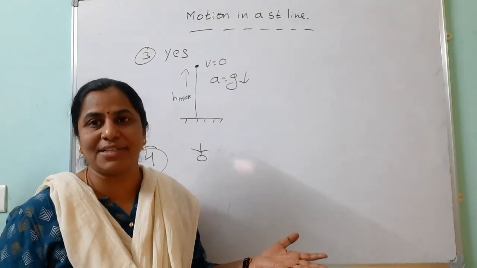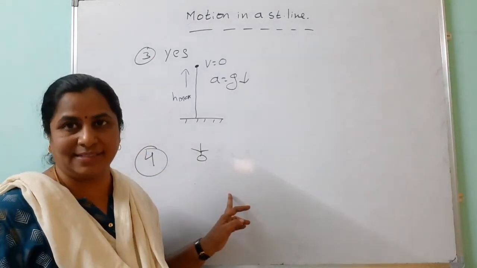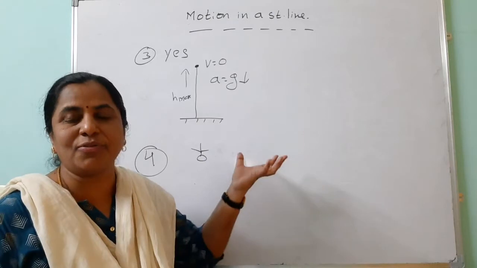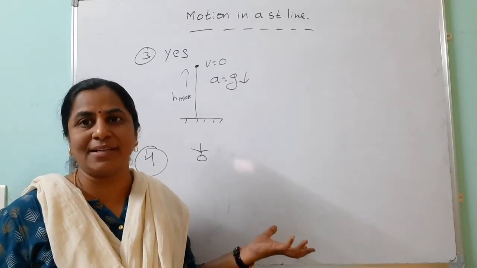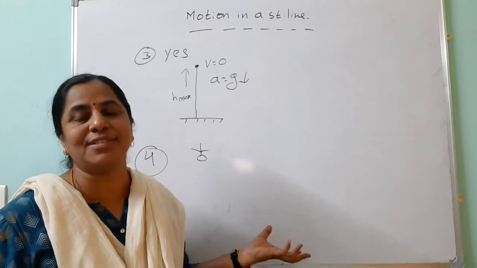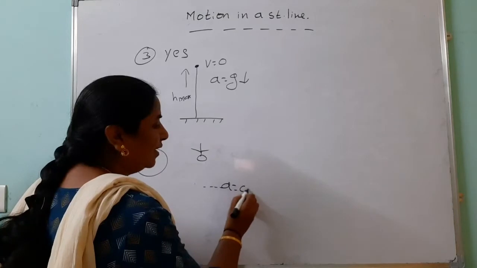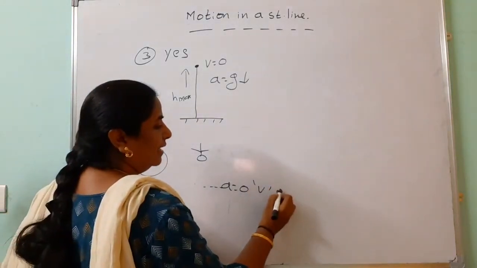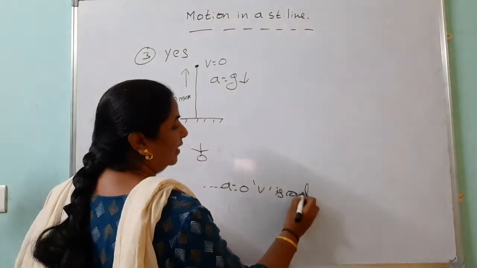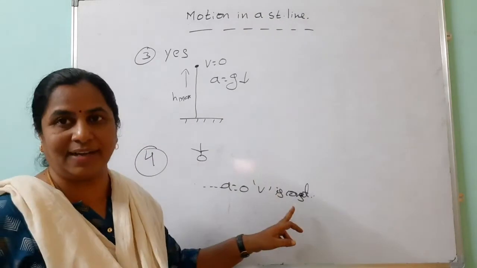After traveling some distance, his weight is balanced by the air resistance. Upward force equals downward force, so the resultant force is 0. When the resultant force is 0, the acceleration becomes 0, which means the velocity is constant. This constant velocity is called the terminal velocity.